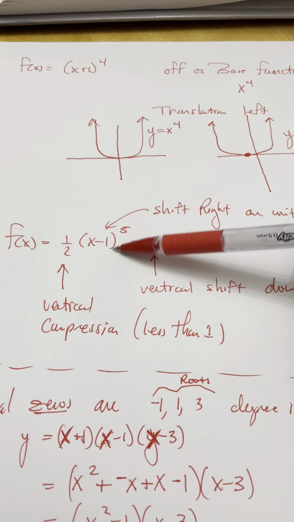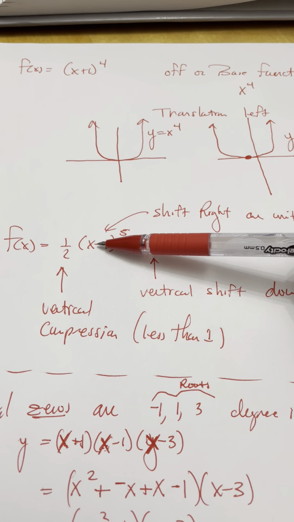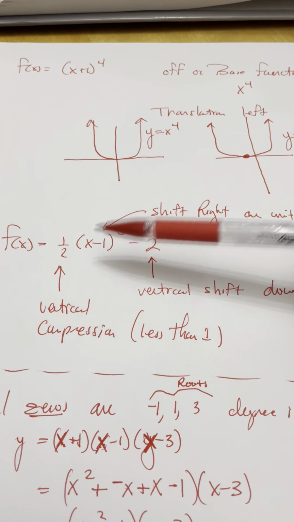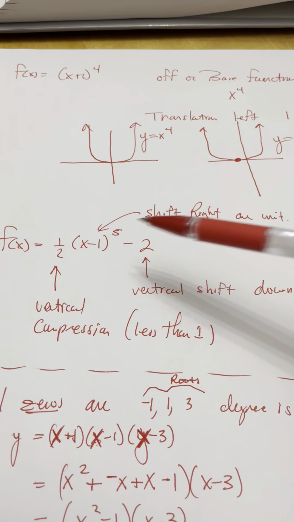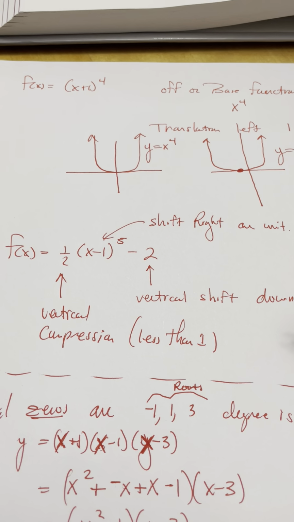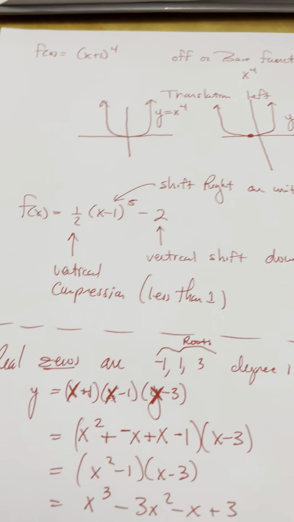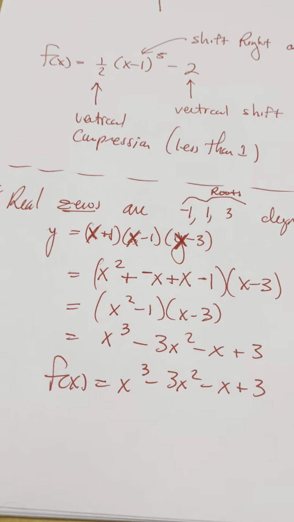The base function is x to the 5th. The minus 1 is in the argument, so it's going to move it right 1 unit. And this 1/2 is a vertical compression, because it's between 0 and 1. And if it was negative, it would flip the graph over.